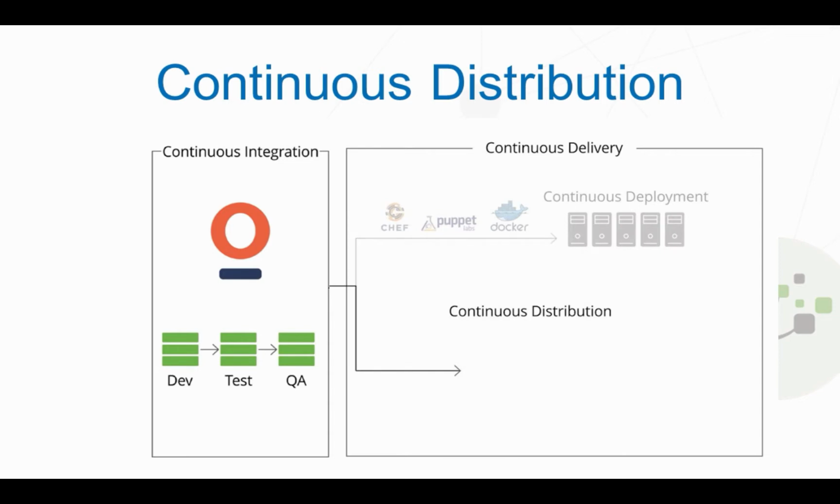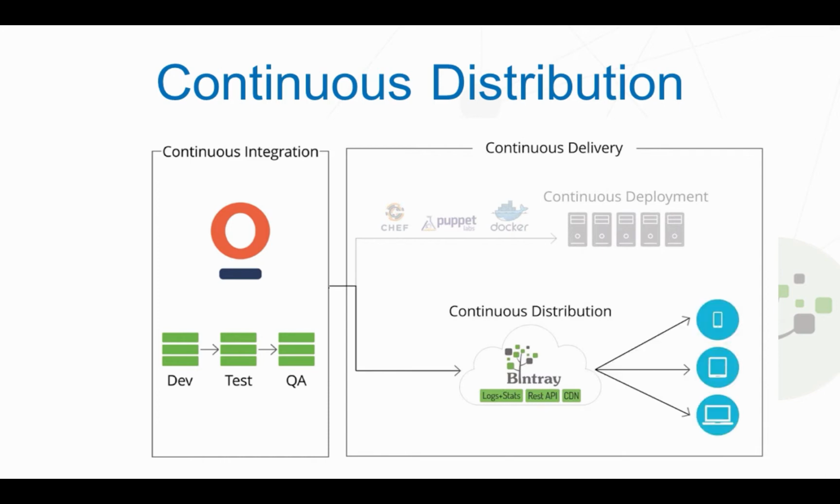And the continuous distribution, which I'm going to cover with regards to Bintray, is the fact that you take your software and you basically push your software to end users. So the push can be to devices, it can be a firmware update, it can be any operating system update that happens. It can be software that somebody installs on the machine.